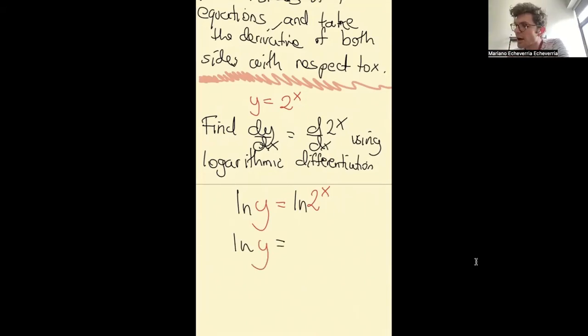The reason for doing that is that natural log has properties when it comes to powers. If you go back to what I wrote a couple minutes ago, how could you rewrite this using the properties of natural log?